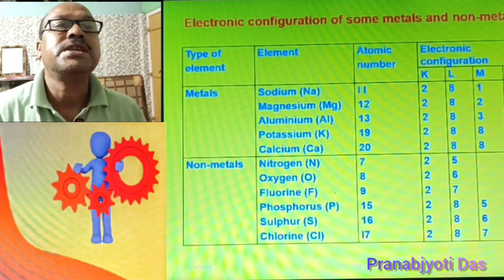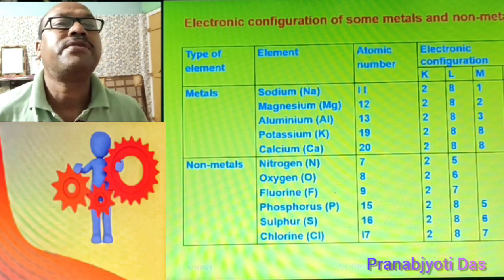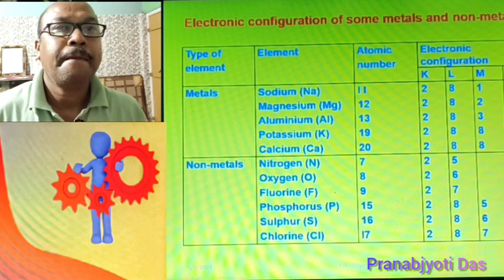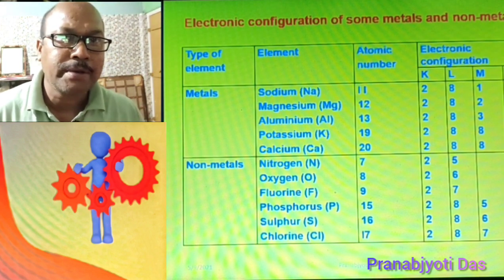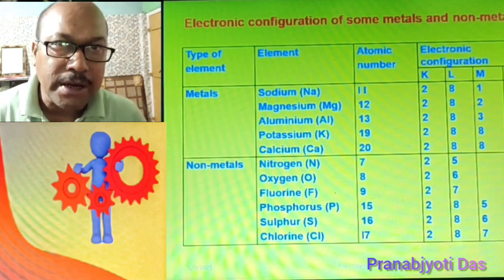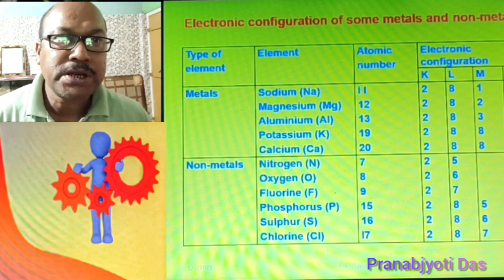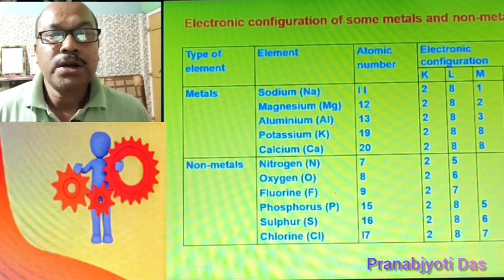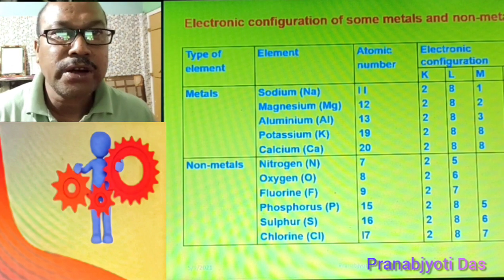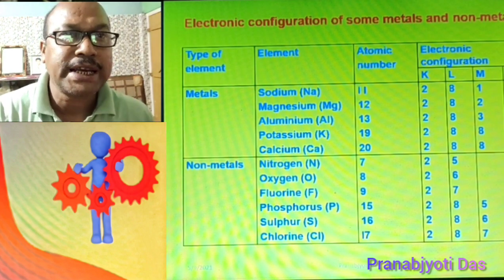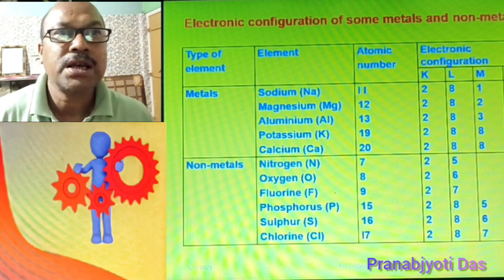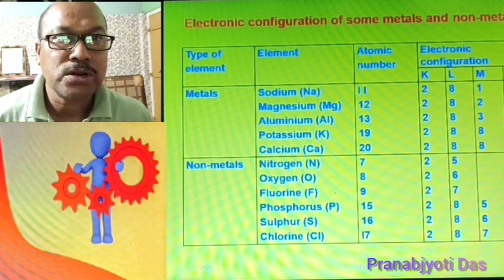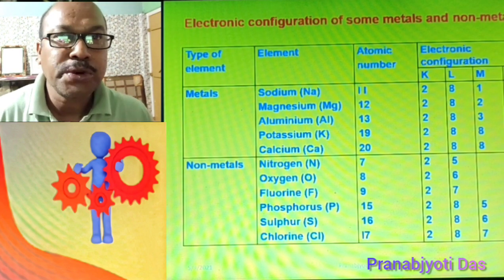This is the chart where you can find the electronic configuration of some metals. You have already come to know electronic configurations in your class 9. So I hope these things are not difficult for you. There is the electronic configuration of sodium: in the K shell there are 2 electrons, in the L shell 8 electrons, and in the M shell 1 electron. So its electronic configuration is 2,8,1.